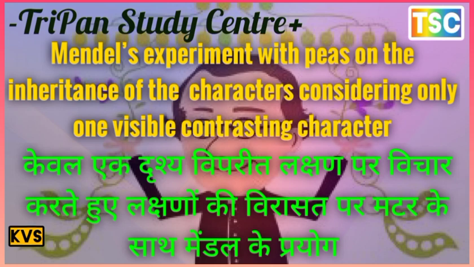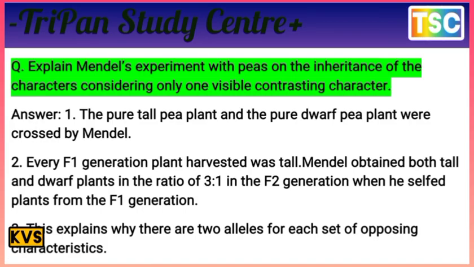Next question arrives here. That's the most important. Explain Mendel's experiment with pea plants on the inheritance of characters, considering only one visible contrasting character.